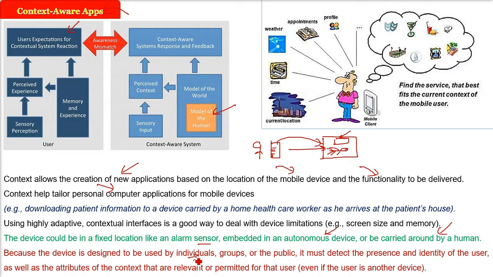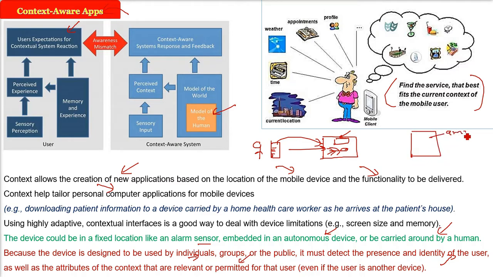Also, the attributes of the context which are only relevant to the user and permitted to the user, even if he is going to another device. Right? So this is a context aware app. Again I am telling, find the service that best fits the context of the current user of the mobile. So whatever he may be doing, the app should facilitate it, should help it.